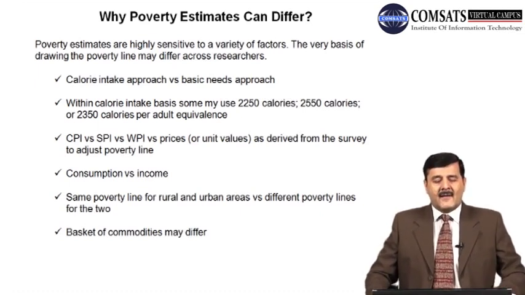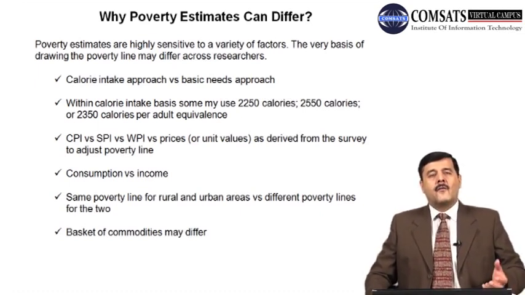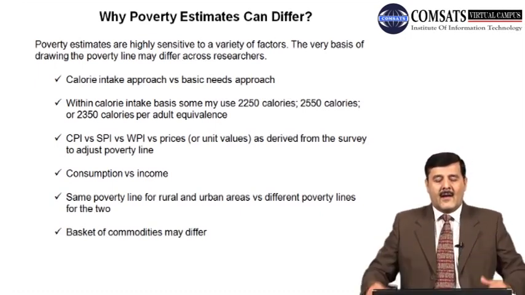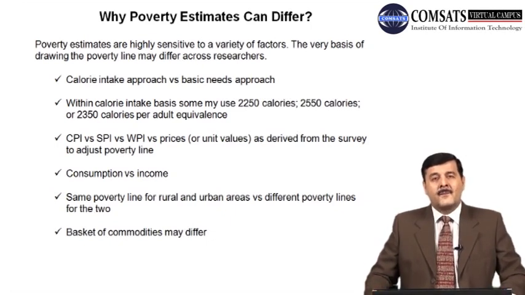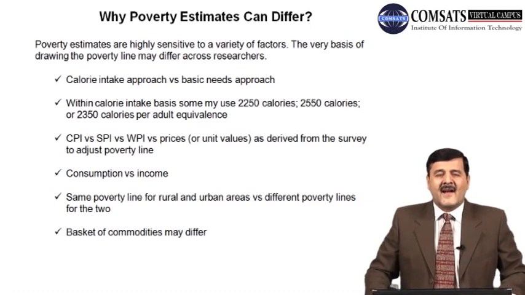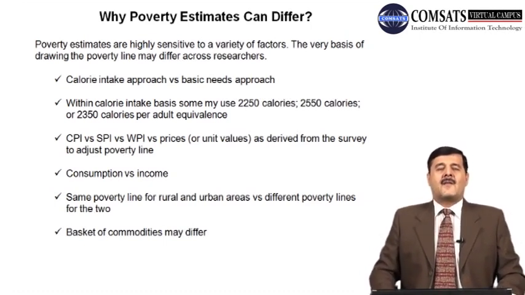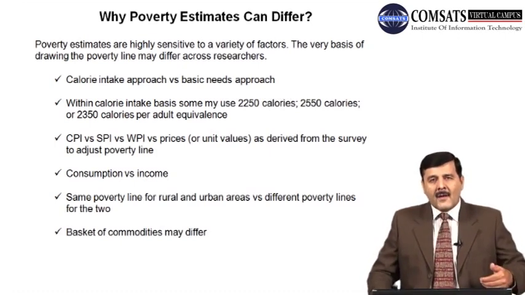When we talked about the calorie intake approach, different researchers consider different things. We can talk about the calorie intake approach and the basic needs approach. So in the beginning we said that the poverty line can be defined by how many basic needs, basic facilities, are available to the individuals, to the societies in the country.